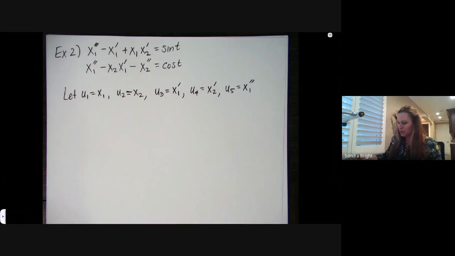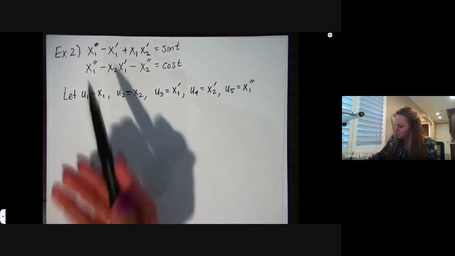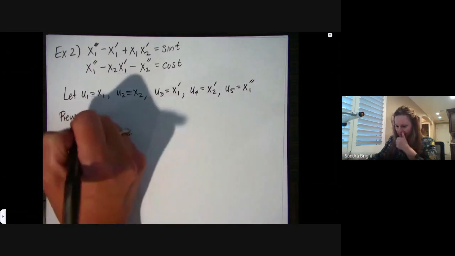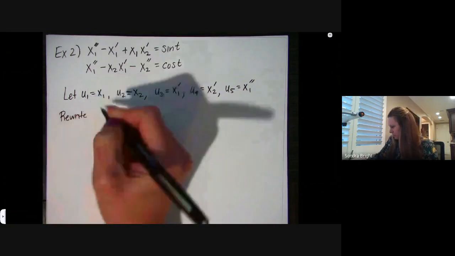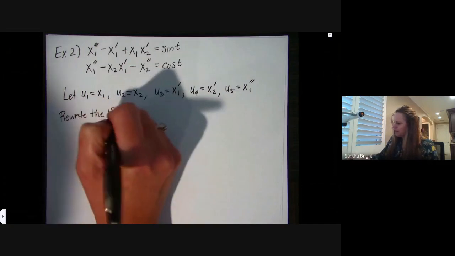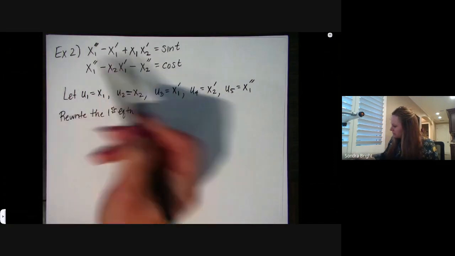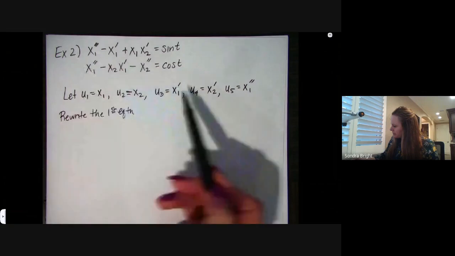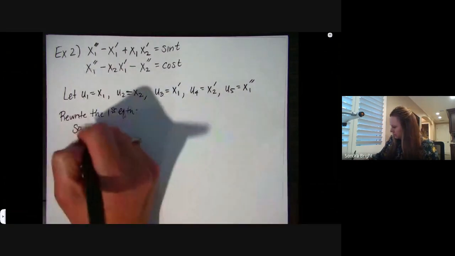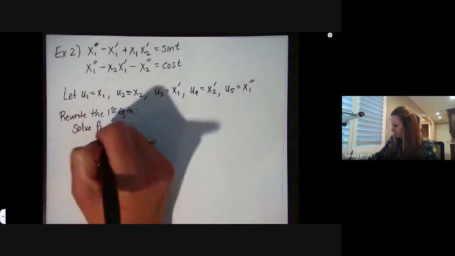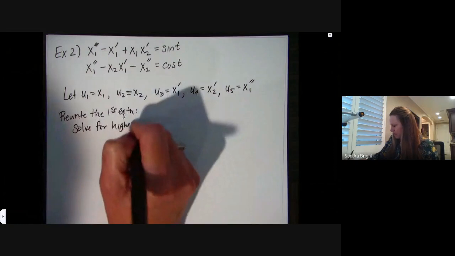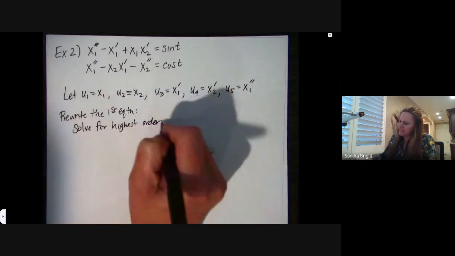And then we're going to rewrite this first equation, replacing them with all of these guys, but first, solve for the highest order, meaning isolate the highest order. In this case, it was the third derivative of x1.